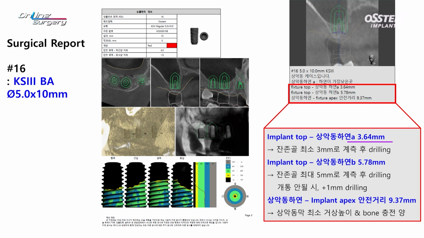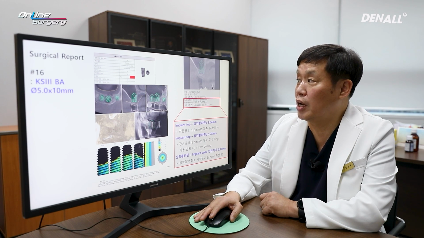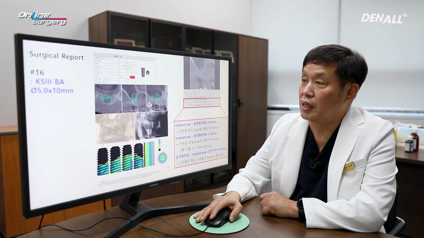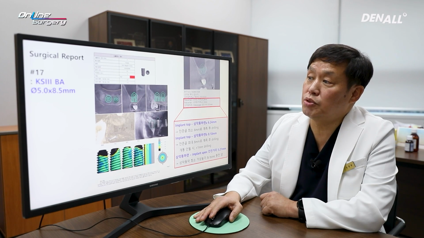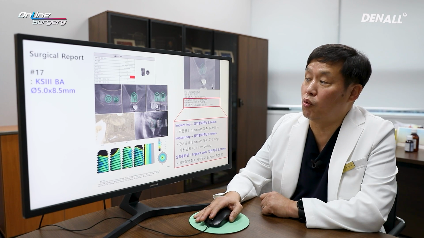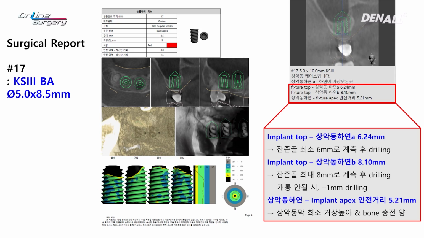The minimum available residual bone height was approximately 3.6 millimeters, and the maximum bone height was approximately 5.7 millimeters. So it's slightly under 6 millimeters.